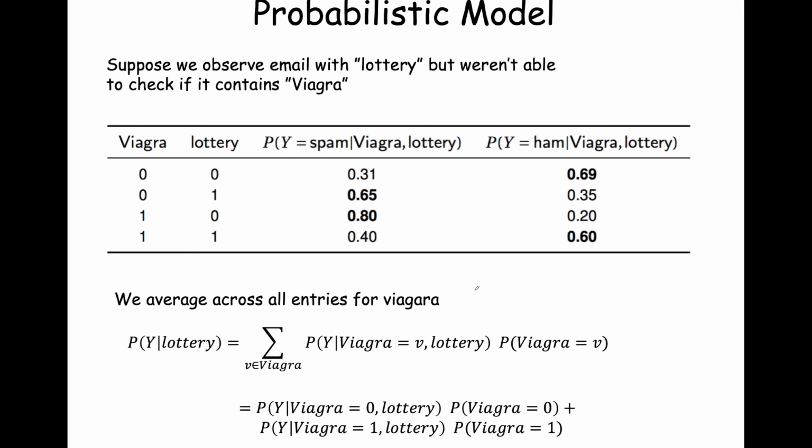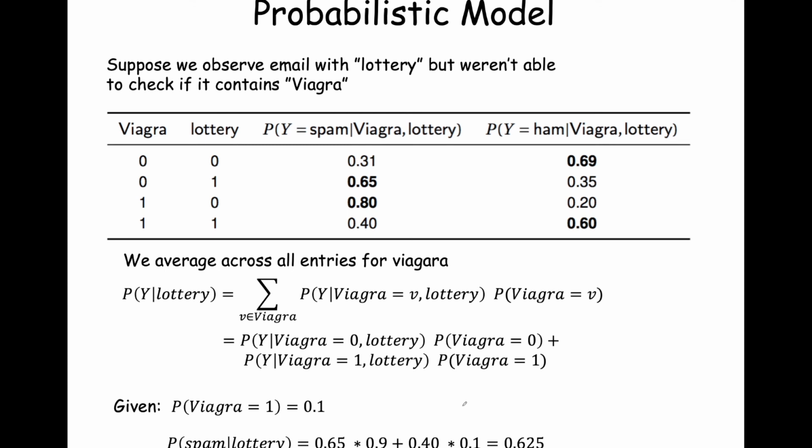If we look at this instantiation, that's the probability of y given Viagra is 0 and lottery, times the probability of Viagra is 0, plus the probability of y given Viagra is 1 and lottery, times the probability of Viagra is 1. Given that the probability of Viagra being present is 0.1, a value we just gave as an example, if we compute this expression, the probability of spam given lottery is 0.625.